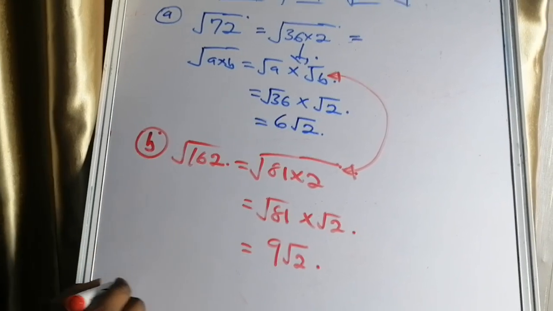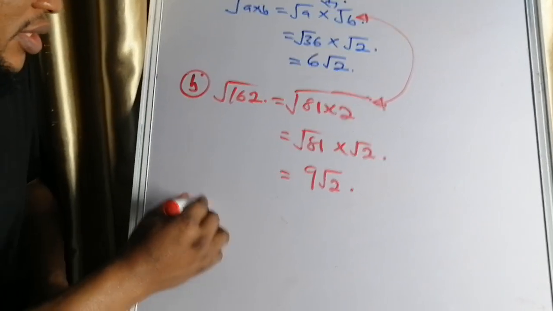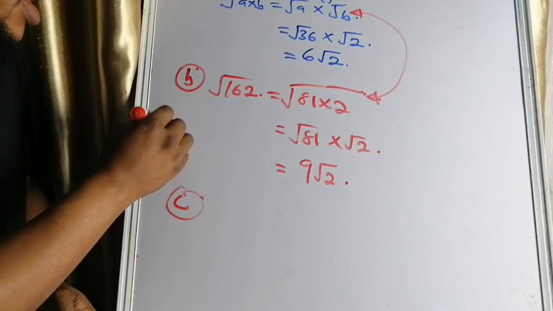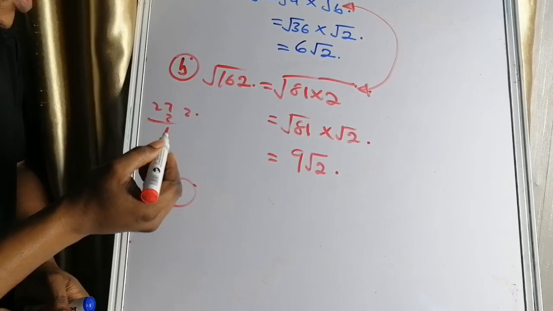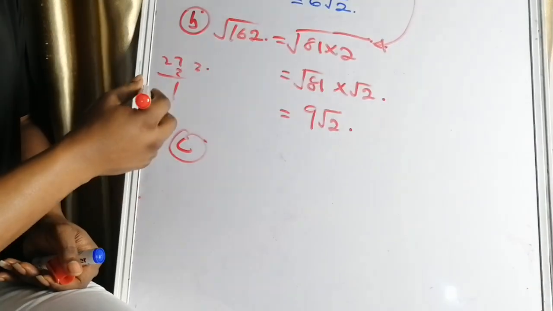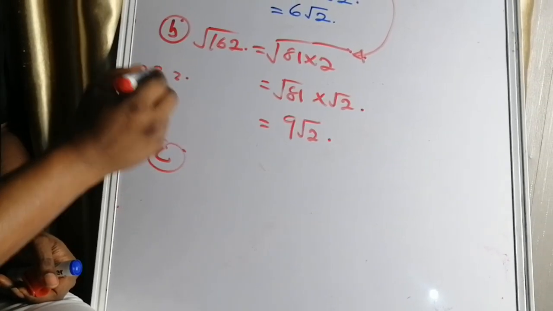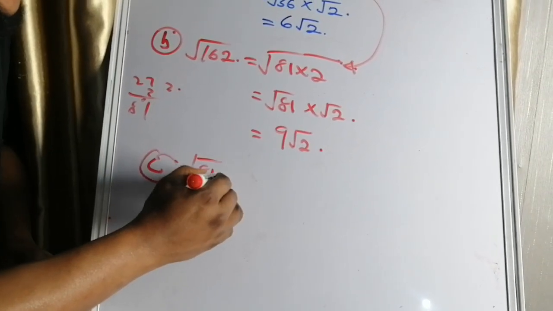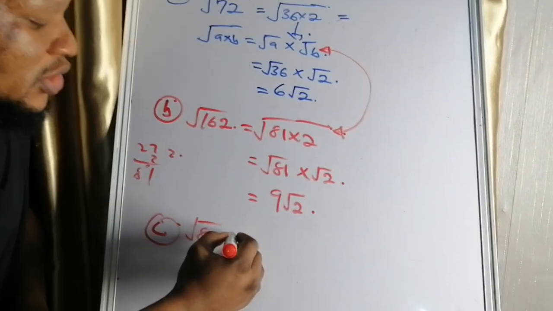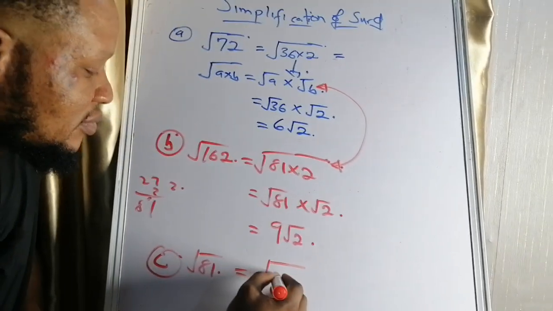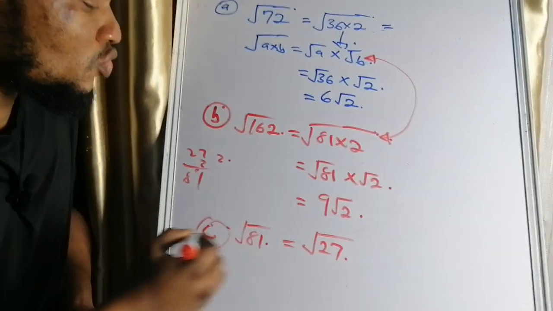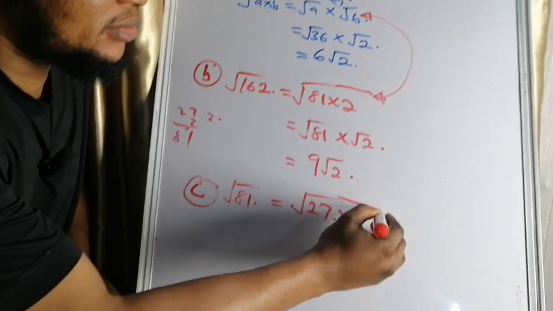Let's pick another one. Let's say root 81 itself. Now from this root 81, I can simplify it further to be 27 times 3.